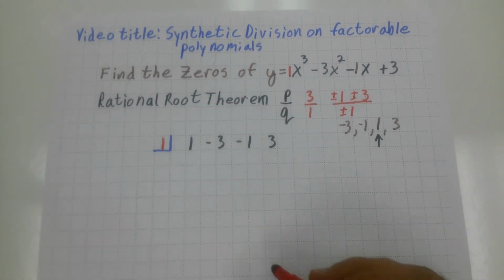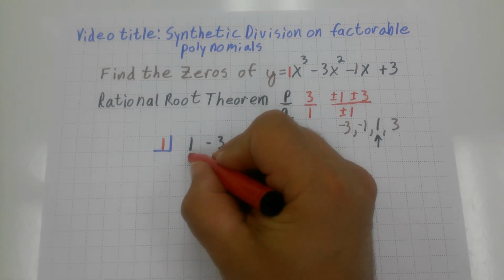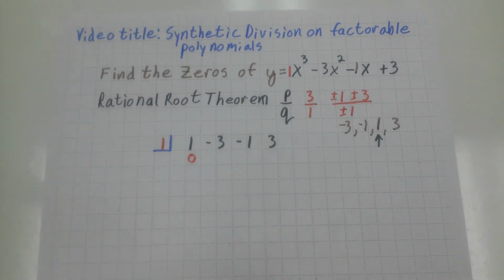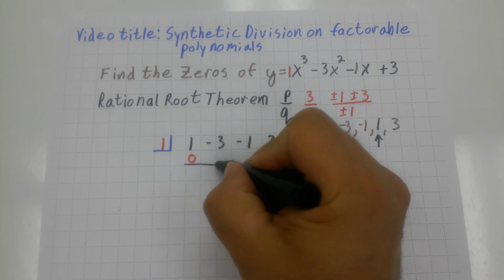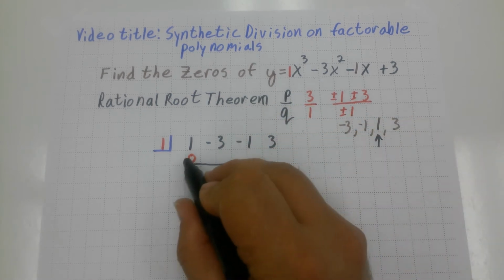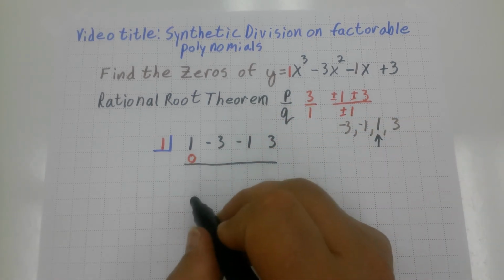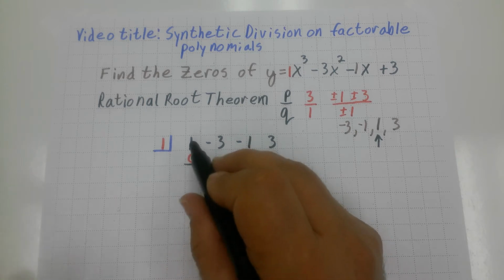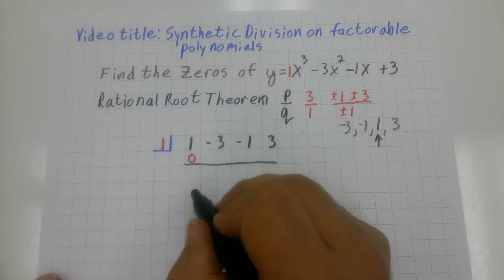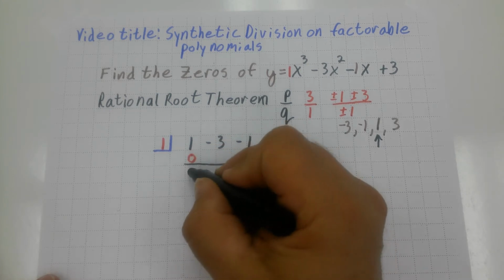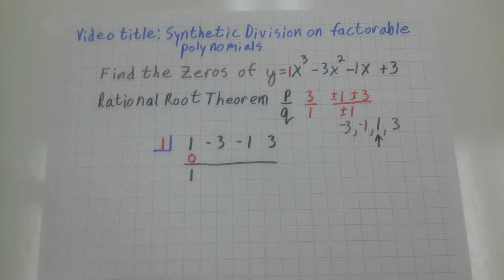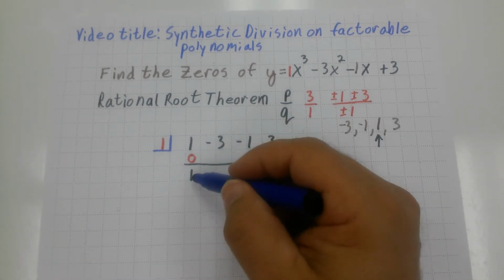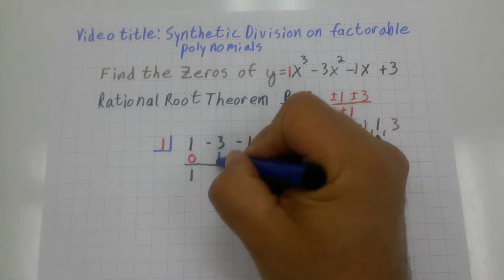Now there's a couple of ways to do this, but this is the way that I was taught, and I think it's kind of smooth. It goes pretty quickly. You put a 0 as a placeholder underneath the first coefficient, which in this case is 1, and then you add those. 1 plus 0 gives me 1. Now, what's 1 times 1? That gives me 1.